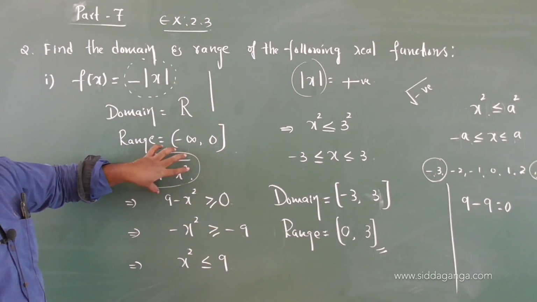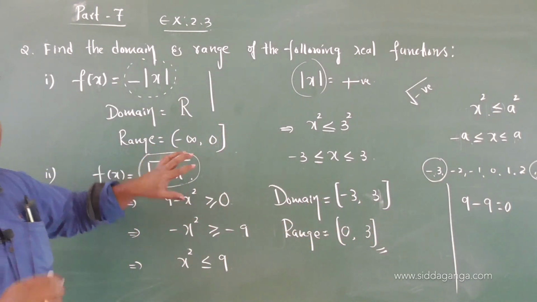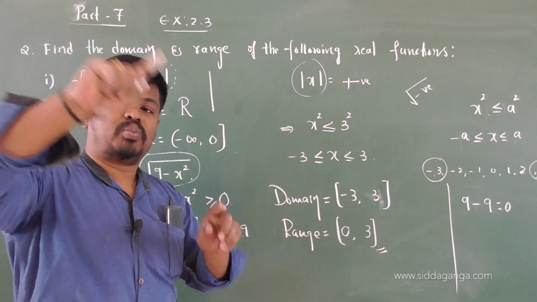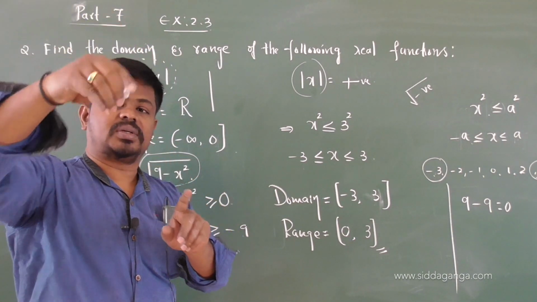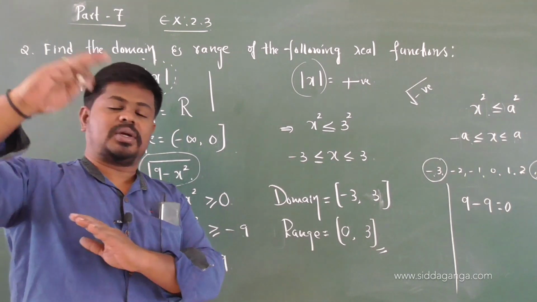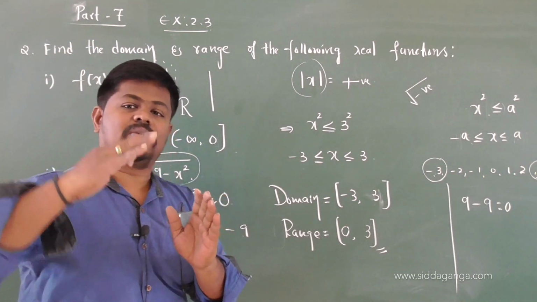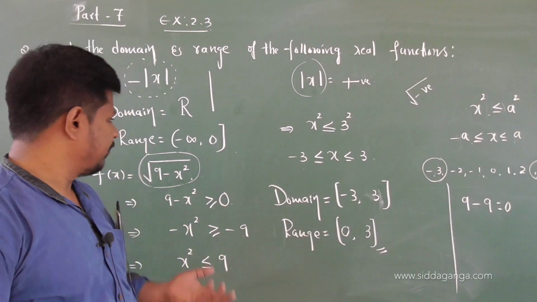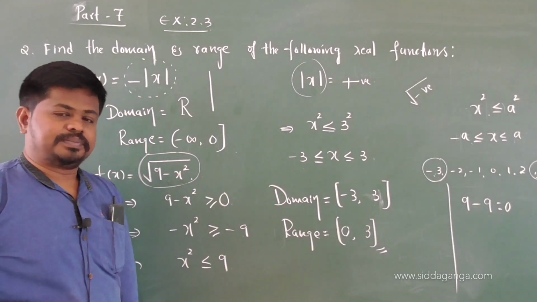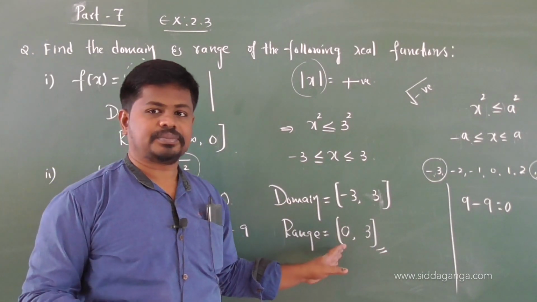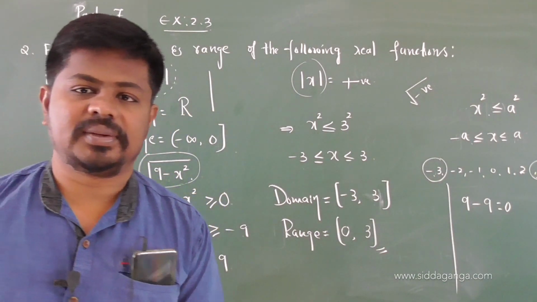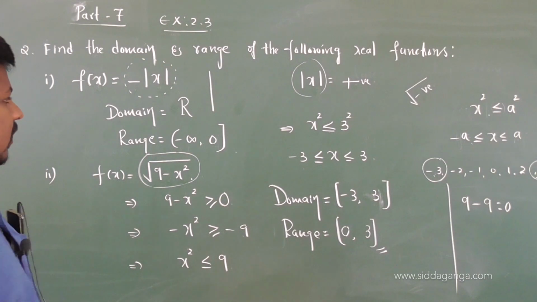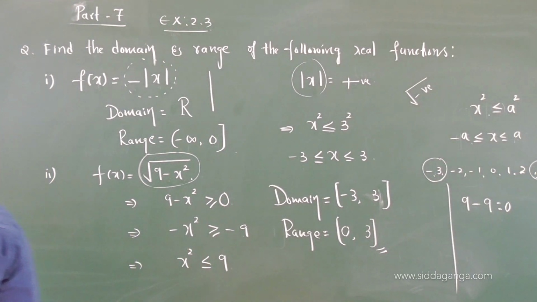Whatever you get here, the y value is always 0 or more than 0, and 3 or less than 3. You don't get a value more than 3, you don't get a value less than 0. Less than 0 is not possible, no? 0 to 3, that's the range. Hope you got it. Okay, this is about second main.